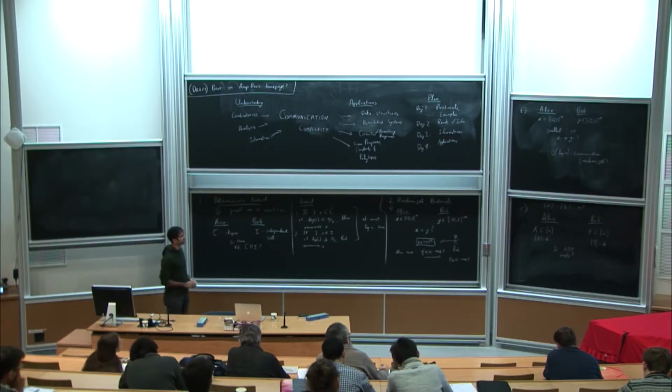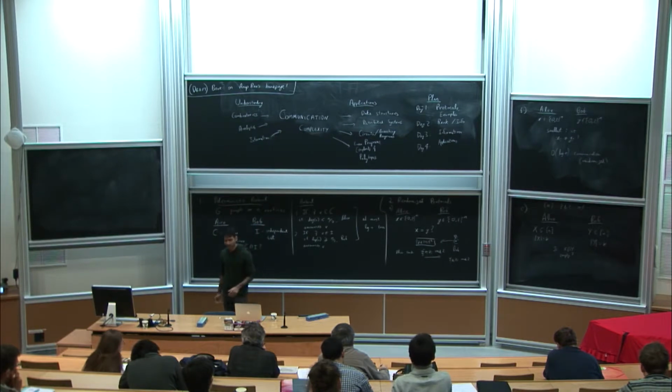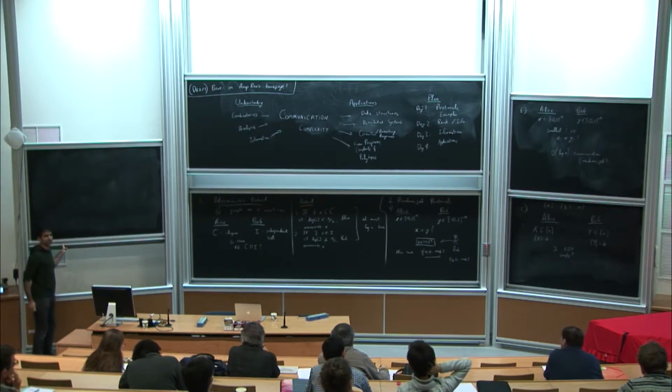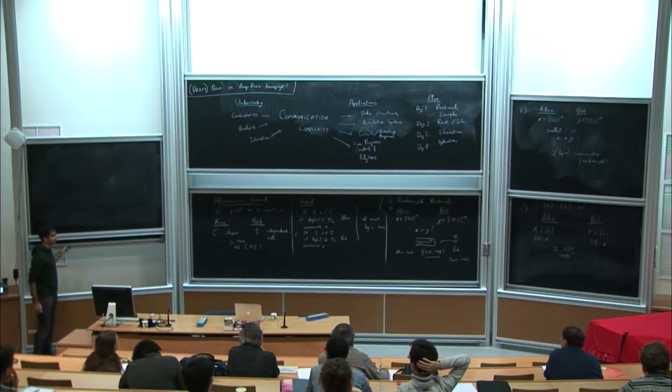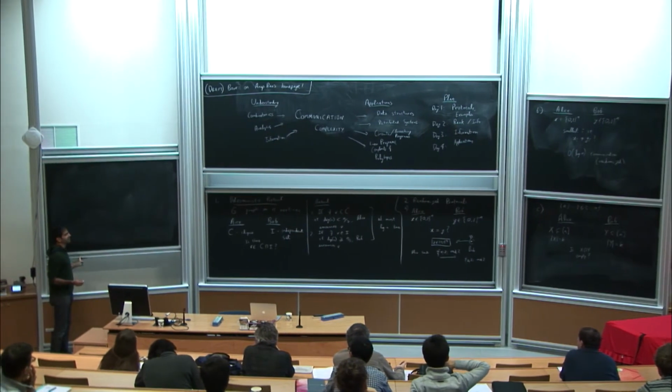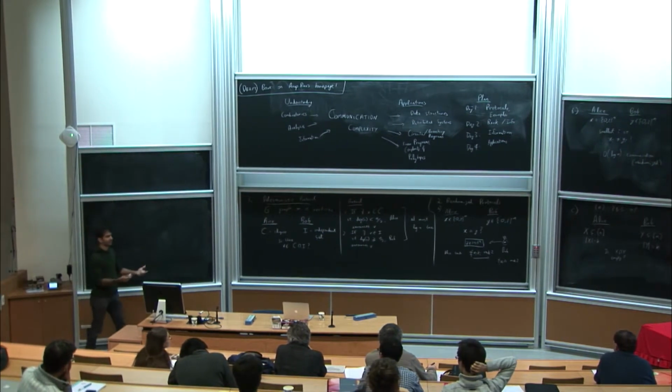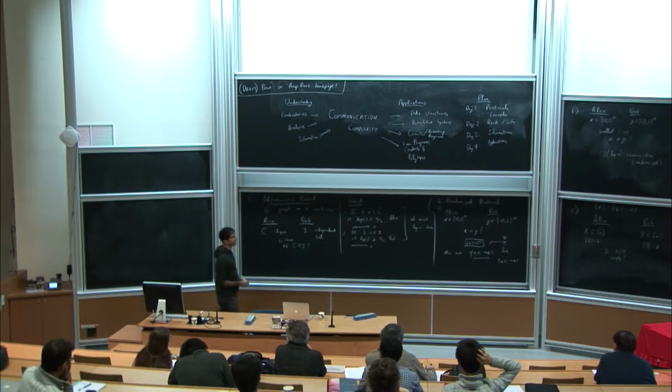So how many bits of communication does the naive protocol take? Or what's the naive protocol? k log n, yeah. If k is small, it's like k log n. In general, it's log of n choose k. You just say which of the sets you have.